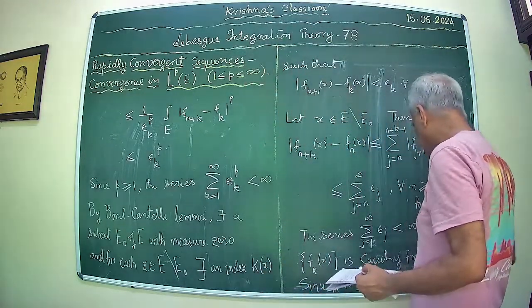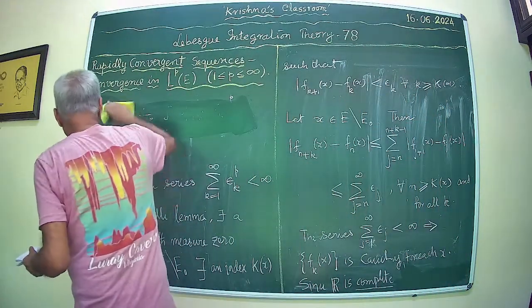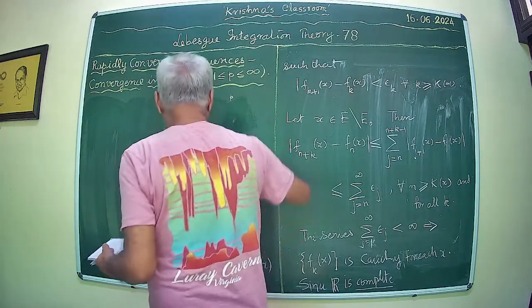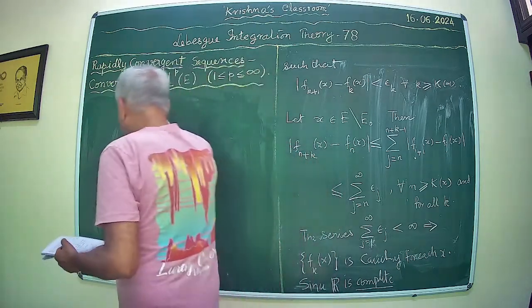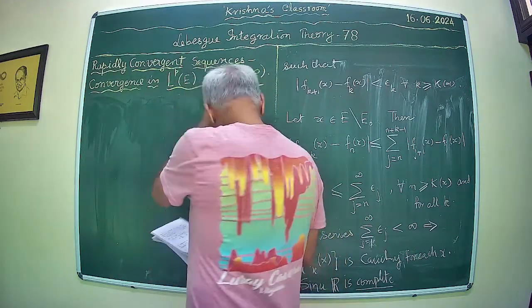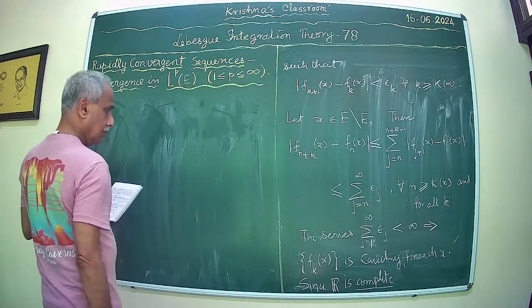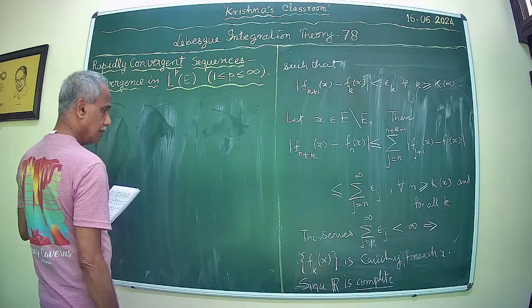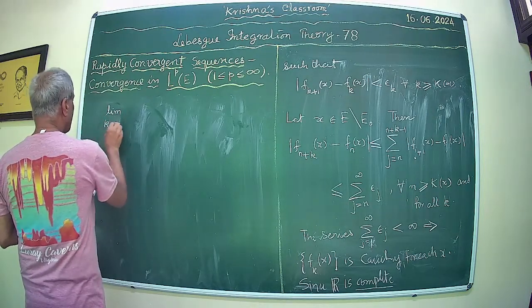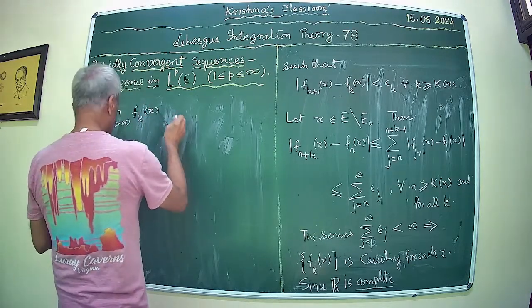Since R is complete, we then have fk converging to some f on E slash E naught. The limit exists.